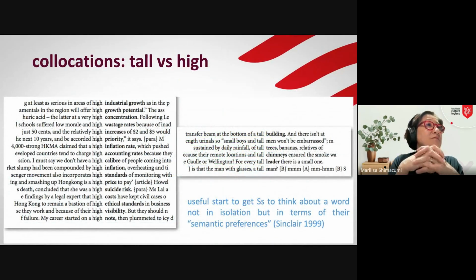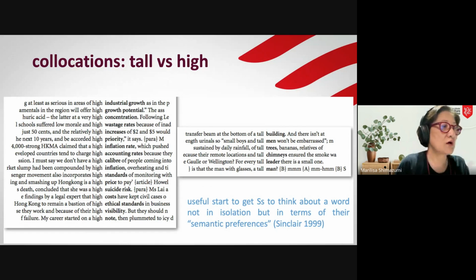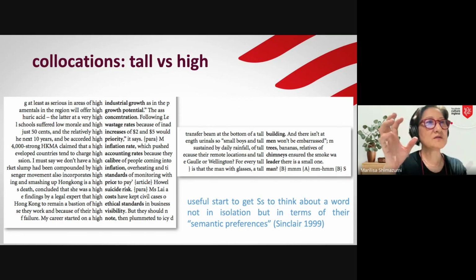And these are also other examples of high and tall. And remember, it's not by accident that I am showing a bigger frequency of occurrences for high and a more restricted use of tall, because in the corpus, tall is less frequent than high.